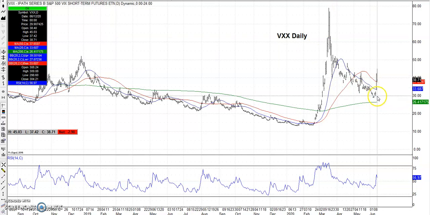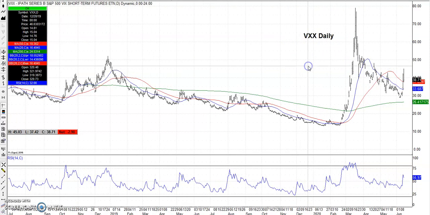I bought some bullish call spreads on the VXX, some in-the-money call spreads, and volatility spiked. So at the moment, I'm making a little money on these call spreads. You can play volatility itself if you like. Check out the VXX.